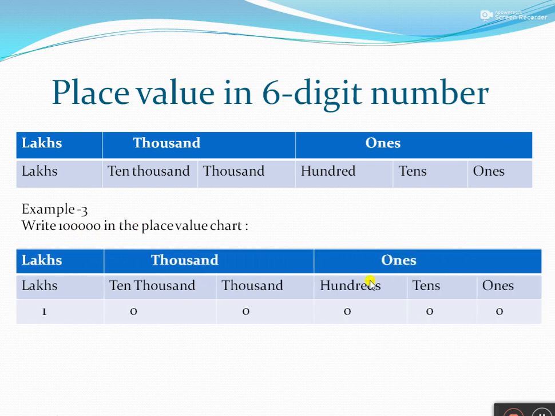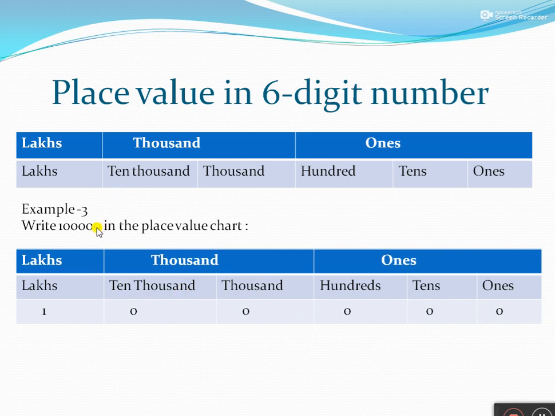As usual, I made the place value chart. Ones, tens, hundreds, thousands, 10,000s, lakhs. Ones, tens, hundreds, these 3 are in the ones period; thousands and 10,000s, these 2 are in the thousands period; lakhs in the lakhs period. Now we have to write from the right hand side. So 0 in the ones place, 0 in the tens place, 0 in the hundreds, 0 in the thousands, and 0 in the 10,000s.